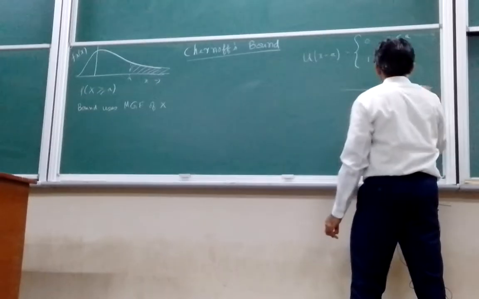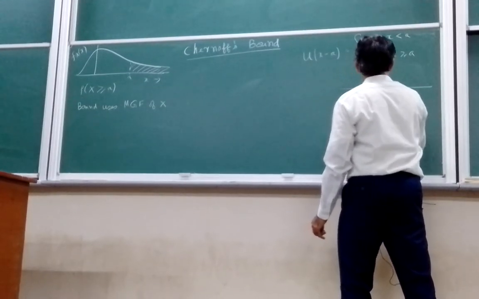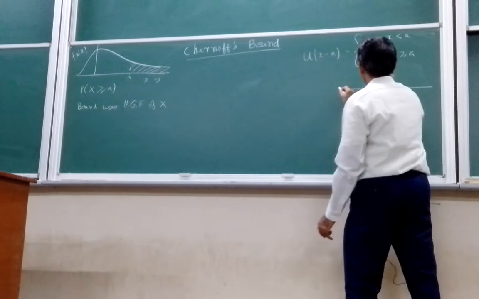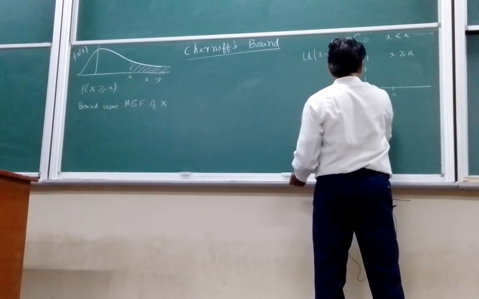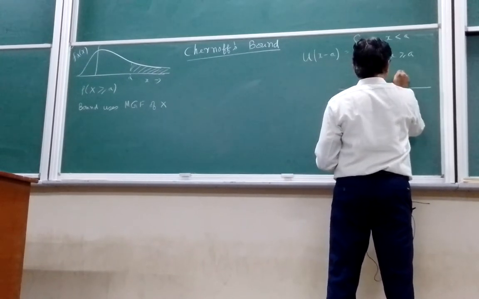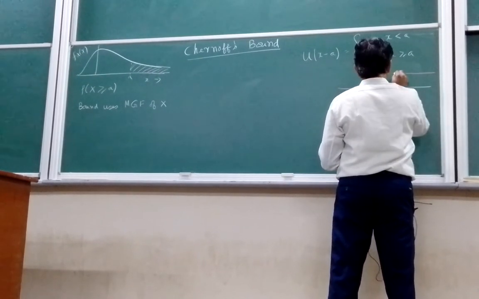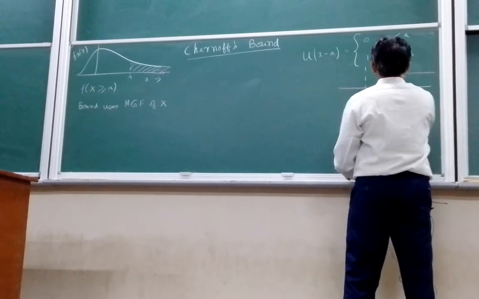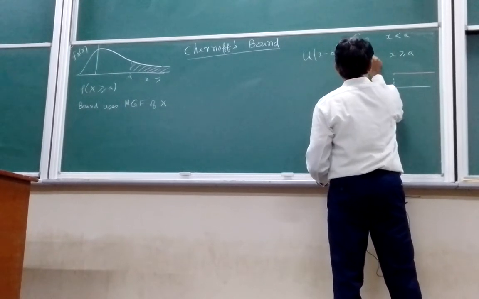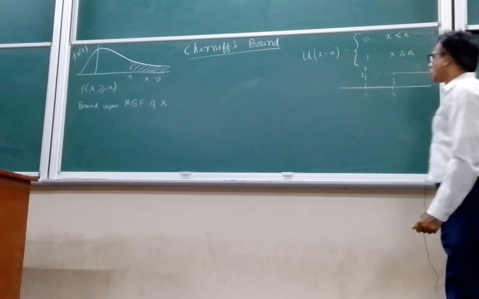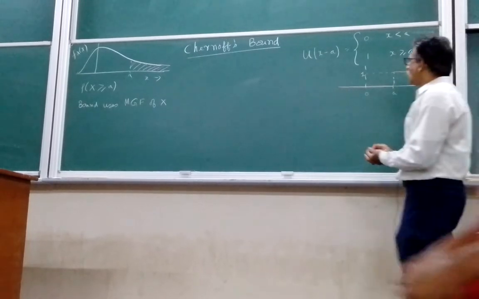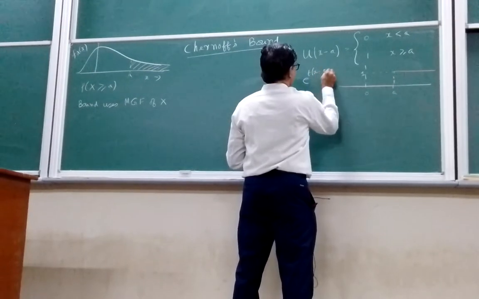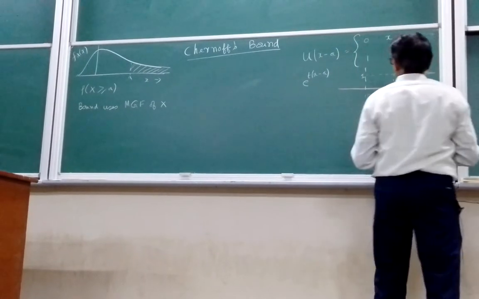So if you draw it, if this is a, then this is the unit step function. You will also look at one more function, which is e power of t into x minus a. You will also plot it in the same place.